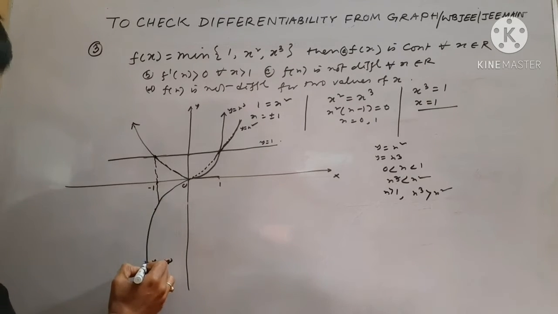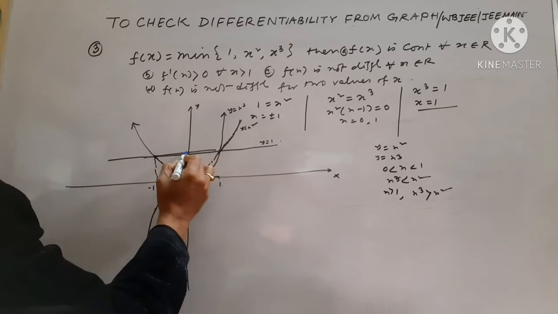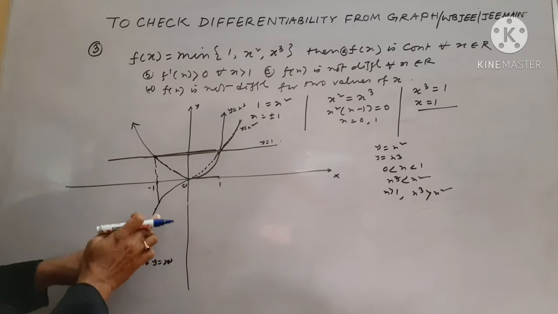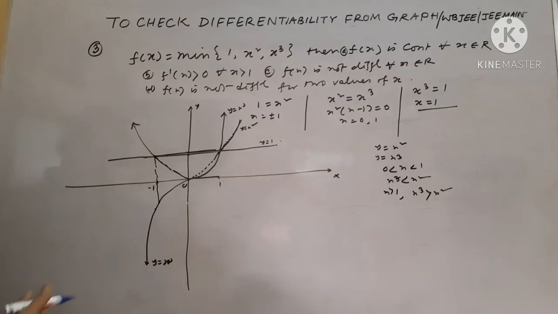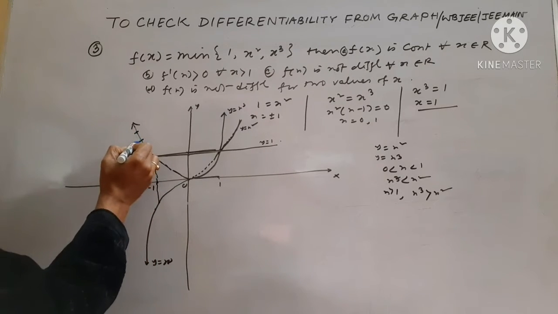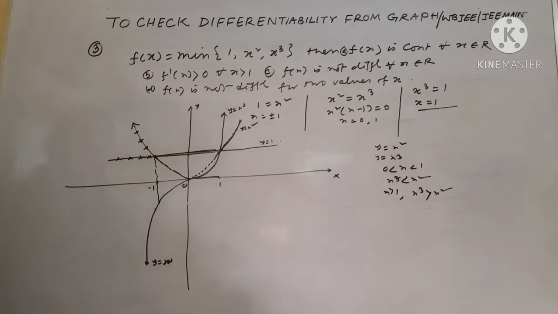Less than minus 1. Look, this one, y equals to this and y equals to this. So this is minimum. This, and this. So we are getting only this part. This part is cancelled out. This part is cancelled out.